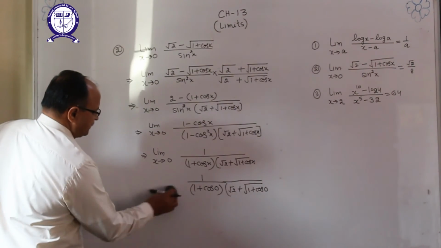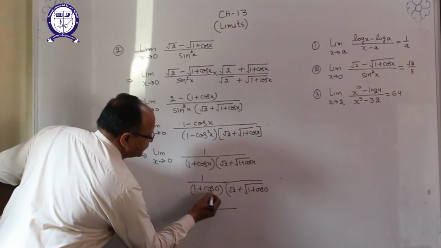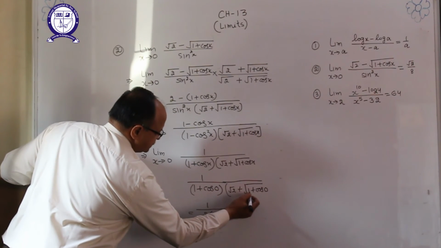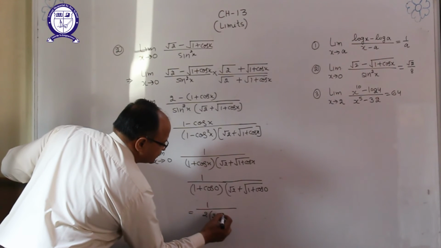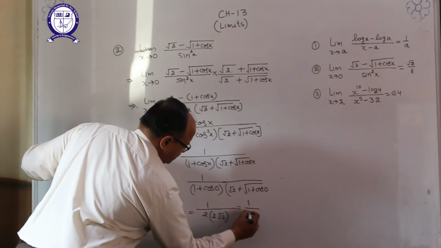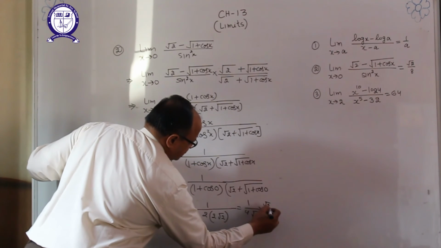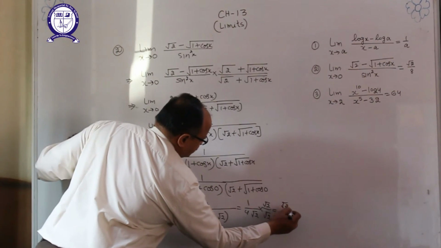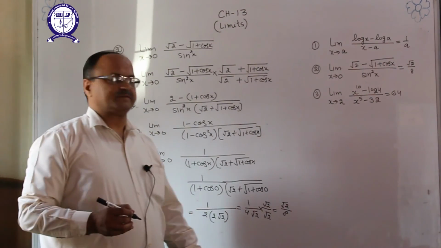Now further you can simplify. Cos 0 is 1, 1 plus 1 is 2. Root 2 plus root 2 is 2 root 2. The answer of this question is 1 by 4 root 2. But when you simplify the answer, then your answer is root 2 by 8. This is the solution of the second question.